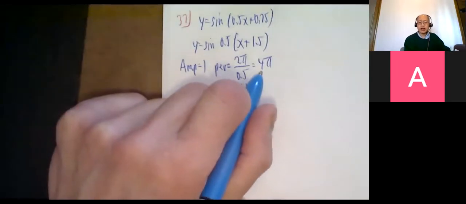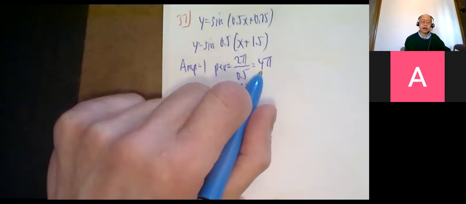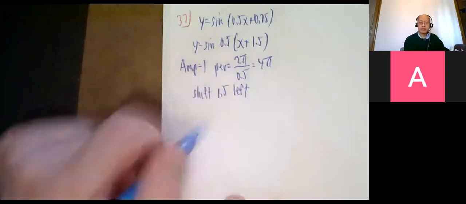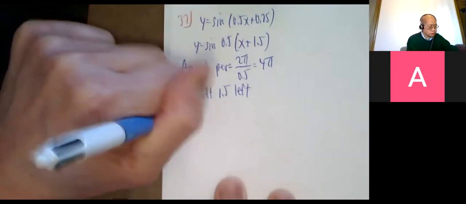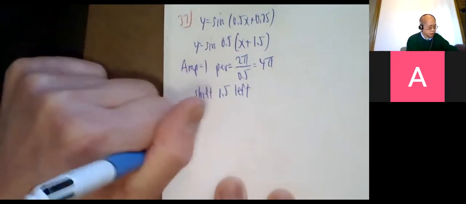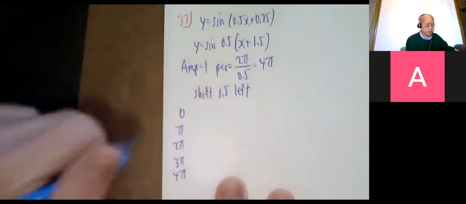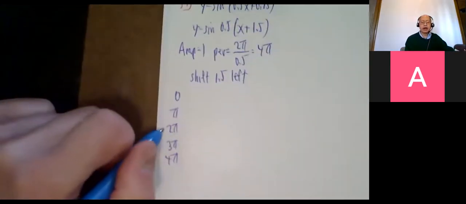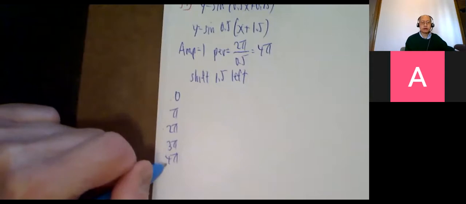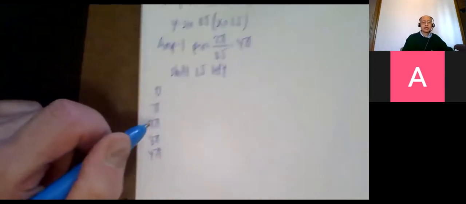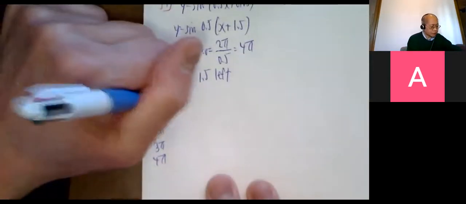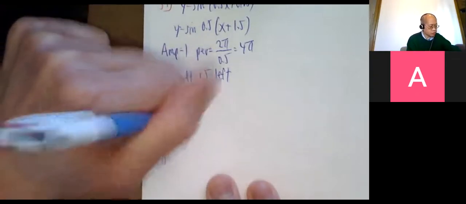Fortunately, this is pretty easy to divide into 4, right? How do you split 4 pi into 4? Well, from 0, pi, 2 pi, 3 pi, 4 pi. Beginning, quarter mark, halfway, 3/4, full. Okay, so that's one period, but each of these have to subtract 1.5.